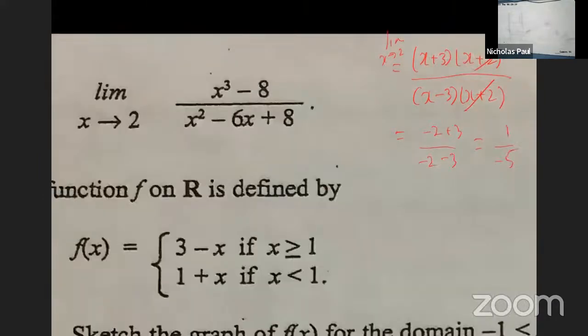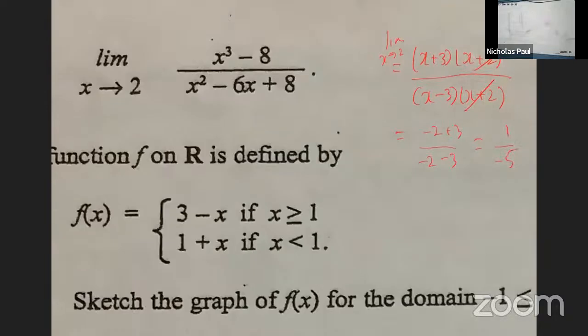Try this one here. This one is a little bit harder. You need to remember a cubed minus b cubed. That's the only hint I can give you there. Try that quick.